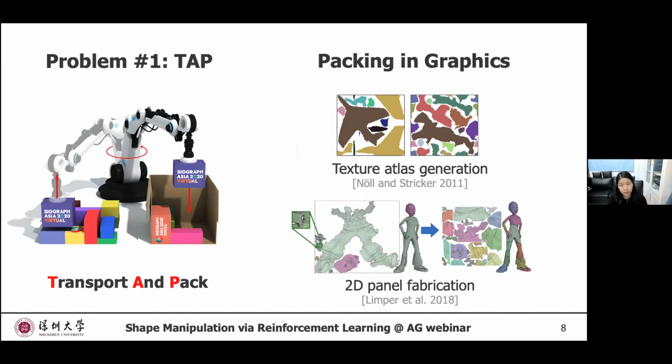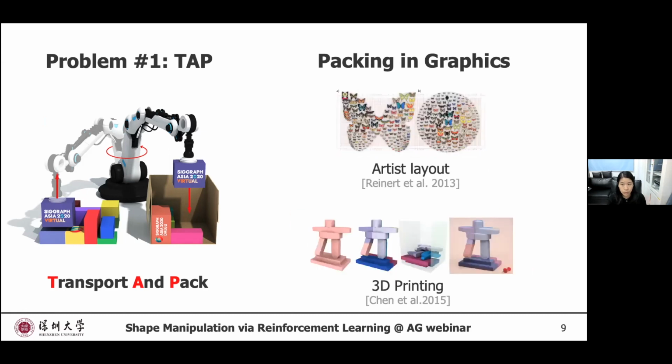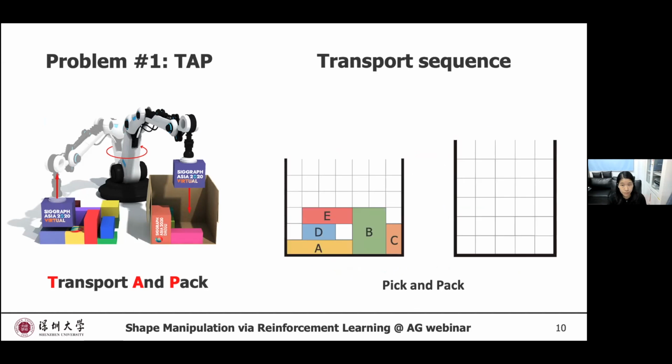However, unlike previous packing problems studied in computer graphics, which usually assume that a set of shapes are given without inter-constraints and focus on the packing problem itself, in some other real-world applications the objects are already in a physical arrangement, and the object movement must follow a partial order with access constraints.